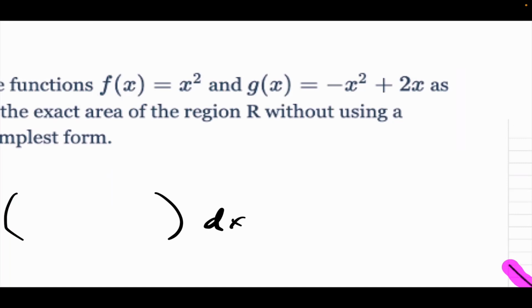I'll give you a hint. I'm not going to tell you because it's something you should know. What does this guy look like?